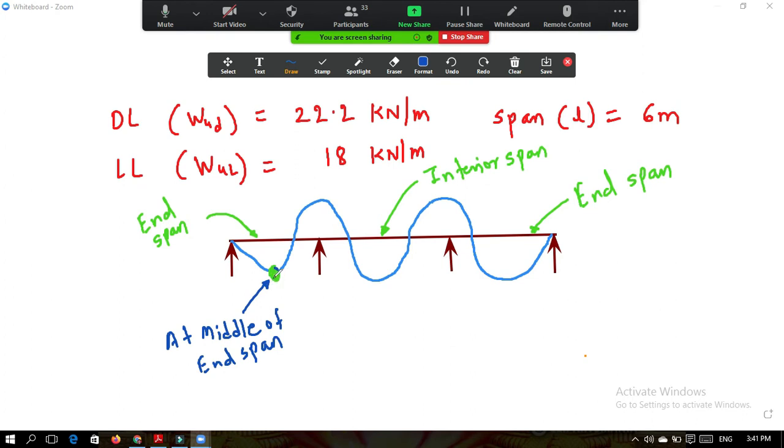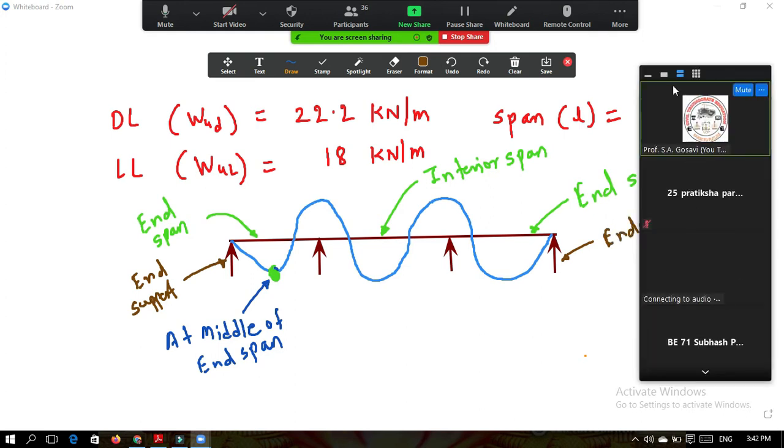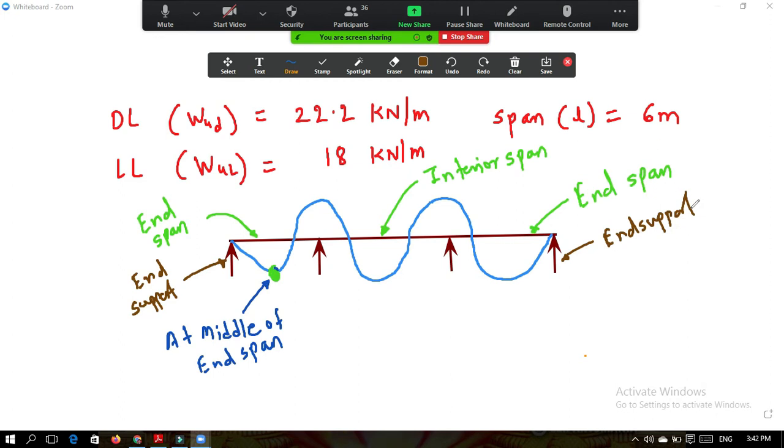Okay, then bending moment at support next to end support. So this is your end support, and that side also. This support is nothing but your end support.